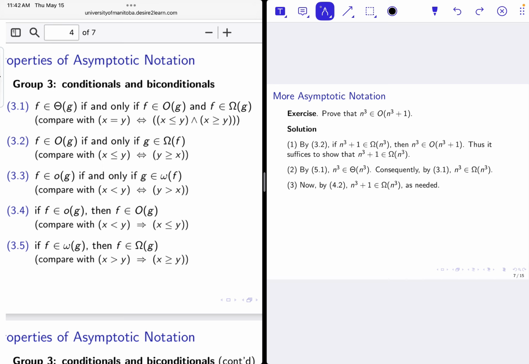If x is less than or equal to y, and x is greater than or equal to y, well, you know that x can't be simultaneously less than and greater than y. So the only way for that to work is for x and y to be the same number. Likewise, f can't grow both more quickly and more slowly than g. So the only way for it to work out when both of those are true is for f and g to have the same asymptotic growth rate. So n cubed is in big omega of itself.